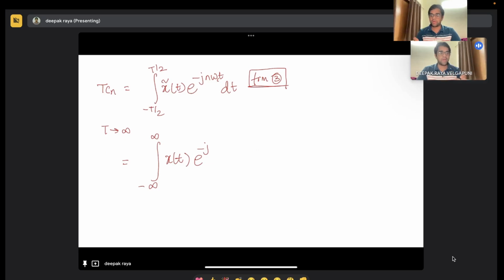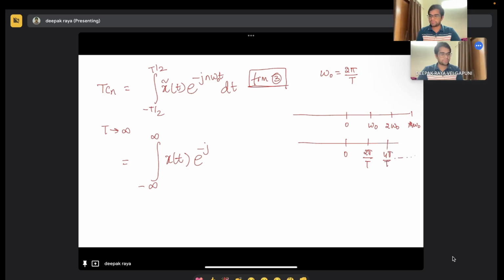So what happens to n omega naught? We know that omega naught is 2 pi by T. So if you draw an axis of 0, omega naught, 2 omega naught, and so on, up to n omega naught, this can also be expressed as 0, 2 pi by T, 4 pi by T, and so on.